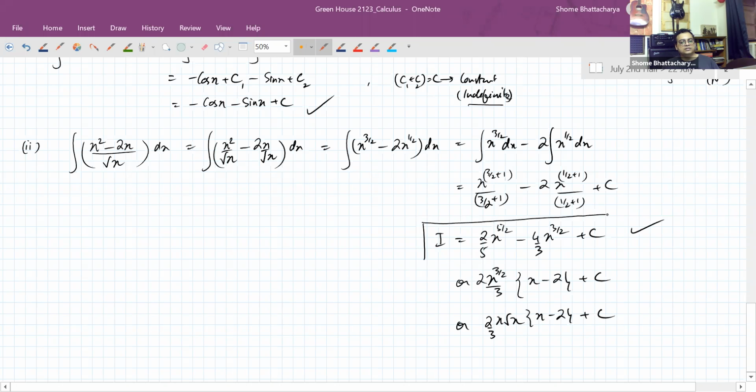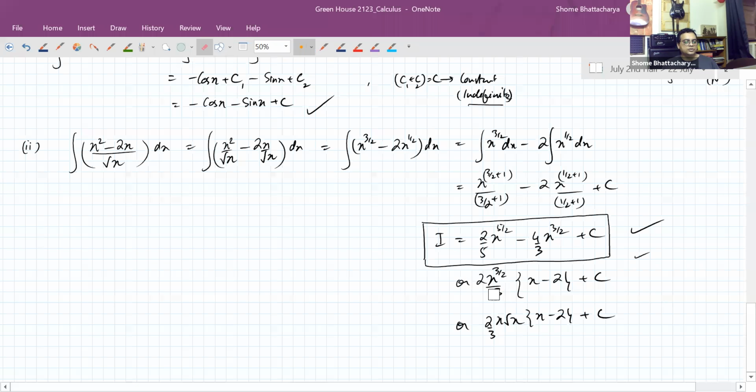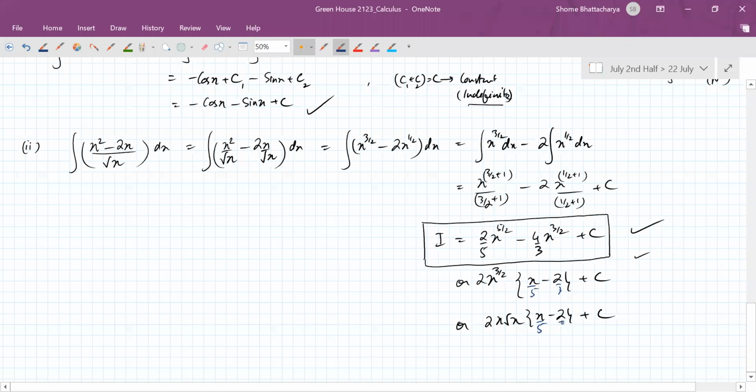This only is the correct answer. Why did you take 3 as common? Because there's 5 in the denominator. Oh, sorry, my mistake. Yeah, you can't take 3 common. So take, this will be by 5, right? Minus 2 by 3. Is it correct now? Yes, sir. Okay, so that's the second one.